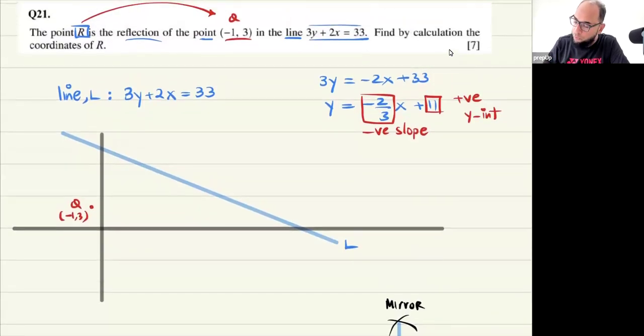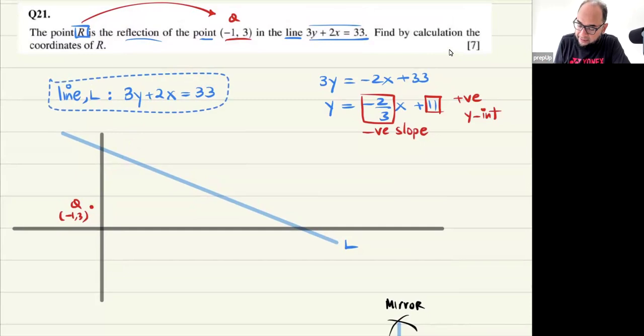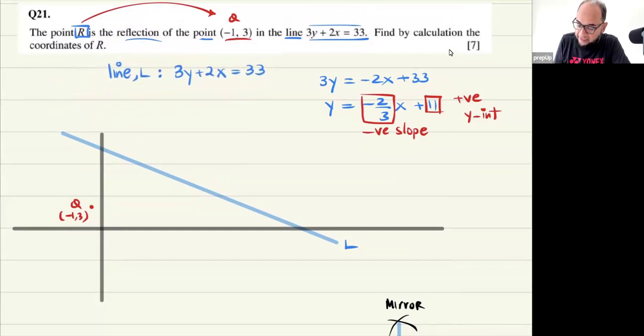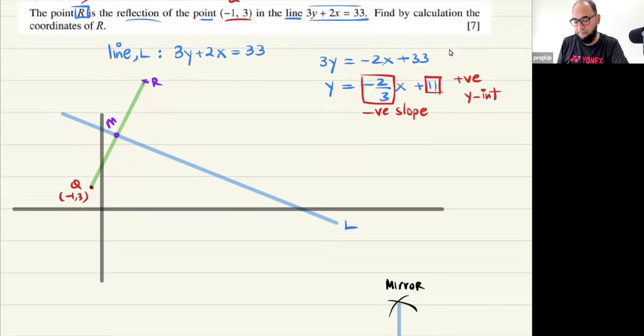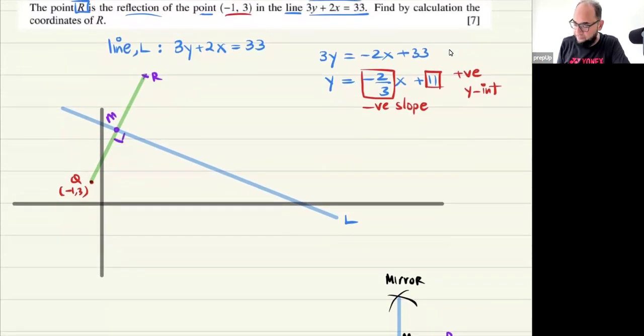So what will I do now? I'll draw a line from Q to the blue line and carry it forward. So if I just extend this a little bit up and let me again draw the line like this. That means if this is Q, then this point is M and then this point is R. And this is 90 degrees.